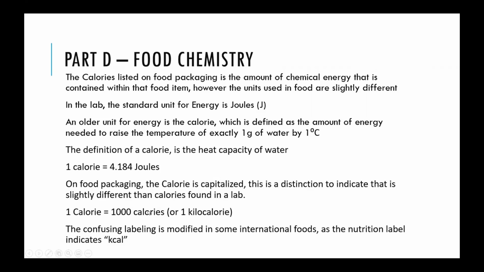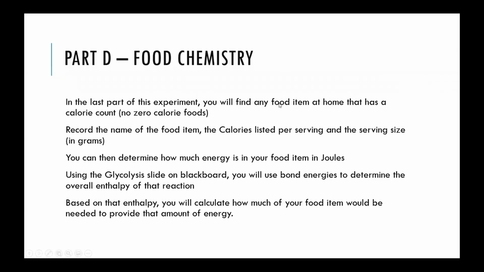The calorie itself is based on water, where the unit is defined as the energy needed to raise 1 gram of water by 1 degree Celsius. So the calorie itself is the heat capacity of water, 4.184 joules. So in this experiment, what you're going to do is find this food sample, see how many calories there are, and record what the serving size is in grams.